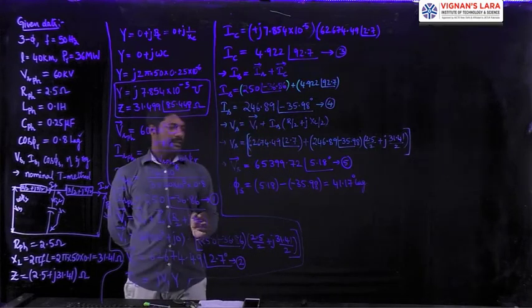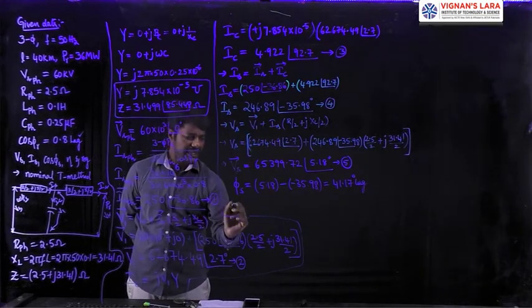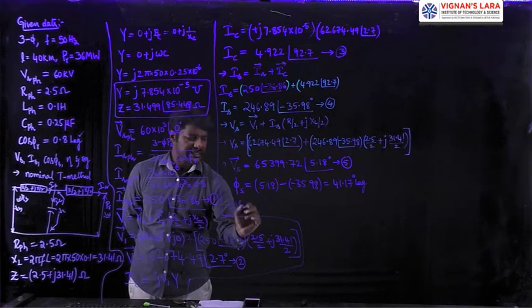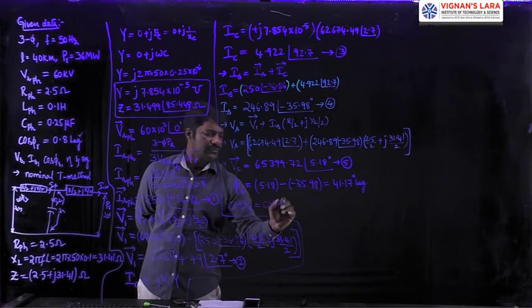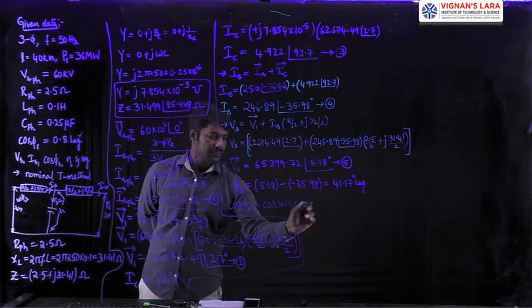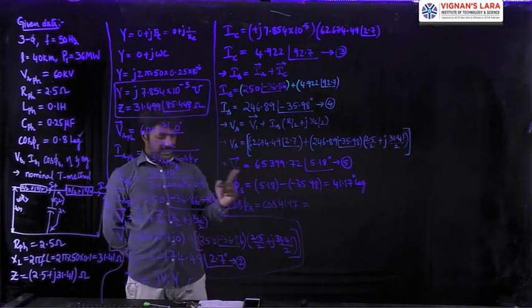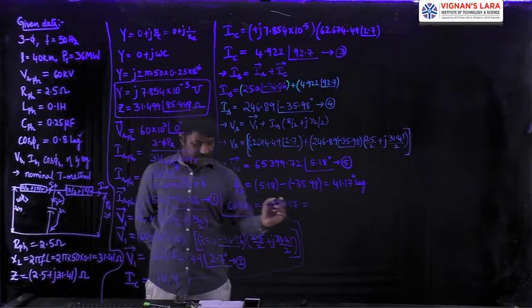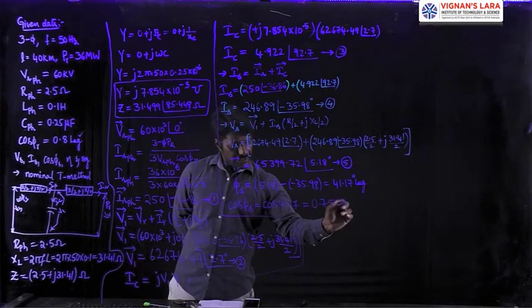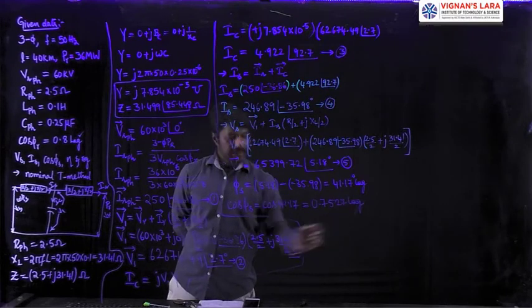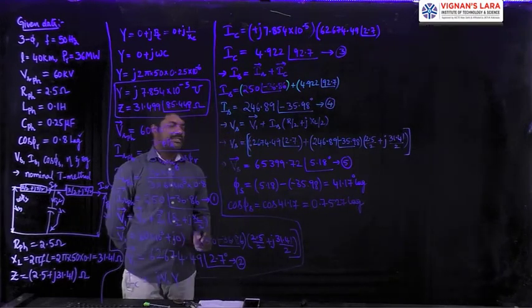Then you can write the power factor on the sending end side, cos phi s, cos 41.17, which is equal to 0.7527 lag. Observe in the calculator, this much answer you have to get.